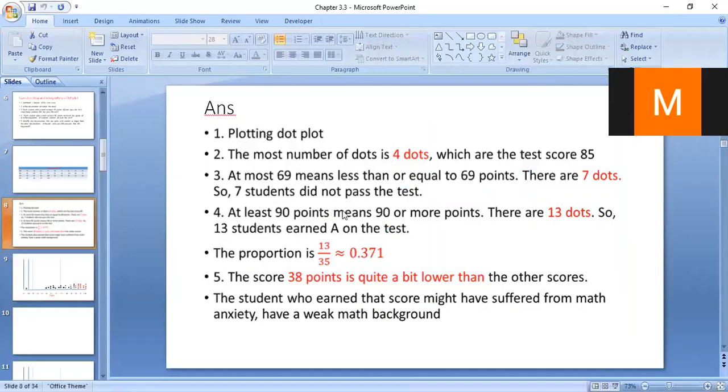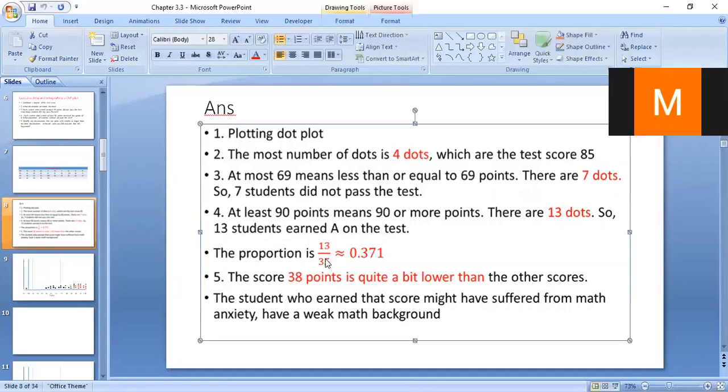But at least means from that number and more. It's different, at most and at least. For proportion, you count how many people and divide by the total, and you will get the proportion. And now question 5.